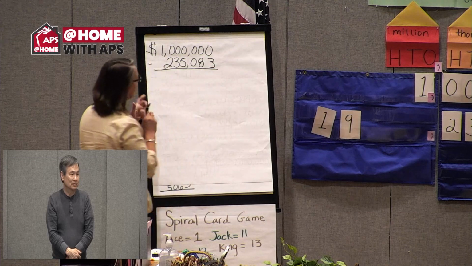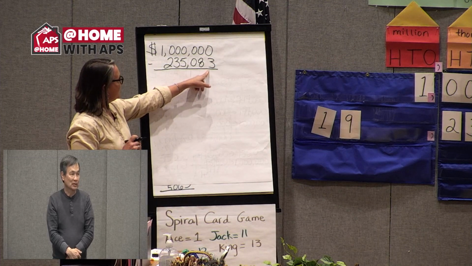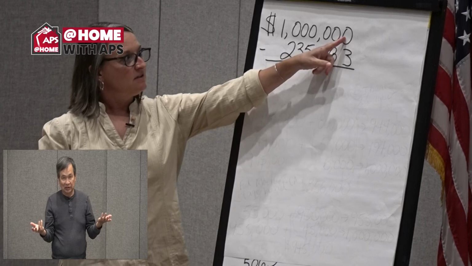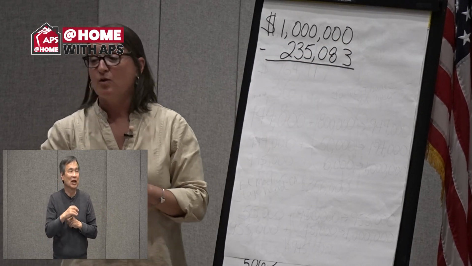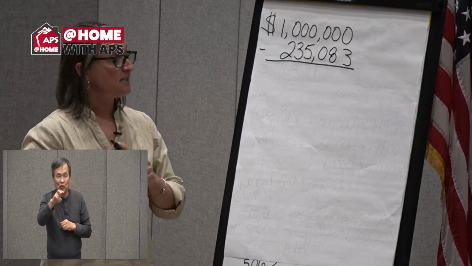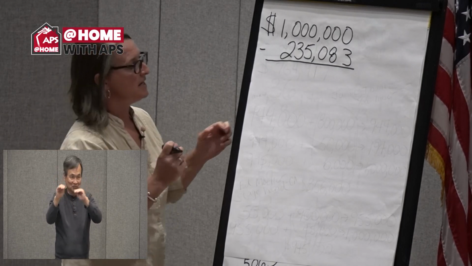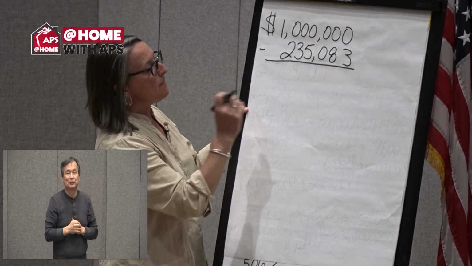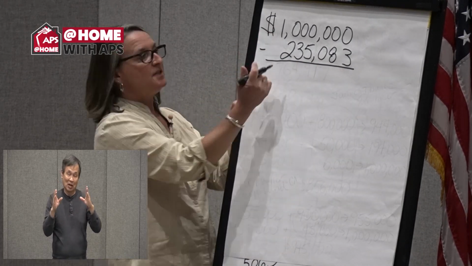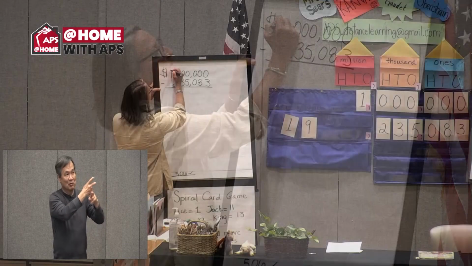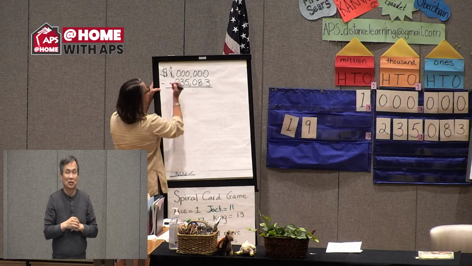So right away, we're trying to take away 3 from a 0 above digits. So we need to think about moving our tens around and trying to rearrange our number, right? So we're going to have to do some borrowing right off. We're going to have to go all the way to our millions period and borrow. Change it to 0.